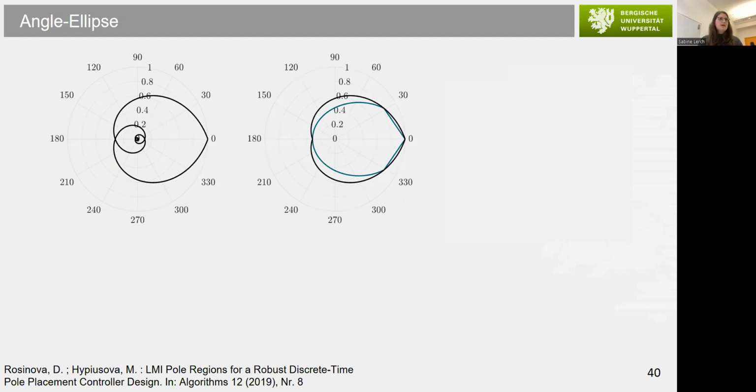It's developed by a research team from Slovakia, and it consists of an ellipse, and it's cut off by a cone or by an angle with some intersection point here. You can imagine that this intersection point can be at different locations. So we can have different angle ellipses for one cardioid.